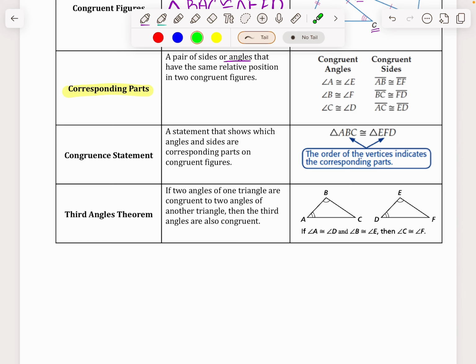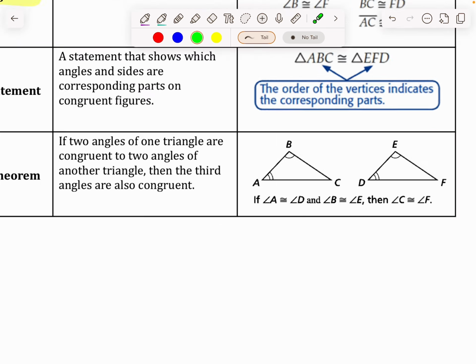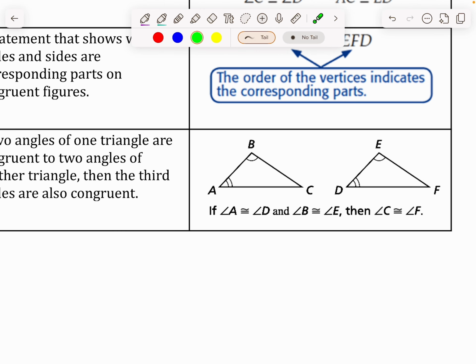The third angles theorem says that if two angles of one triangle are congruent to two angles of another triangle, then the third angle must be congruent. And that's true because they have to add up to 180. So basically it says that if A and D are the same, and then B and E are the same, then C and F must also be the same.